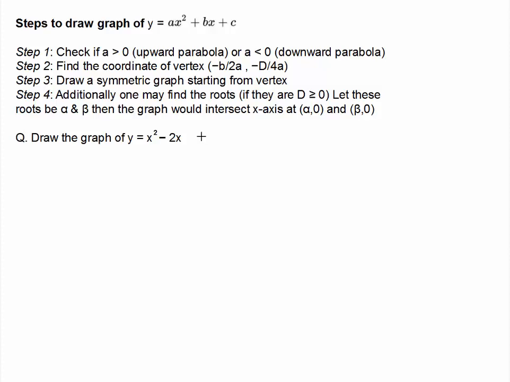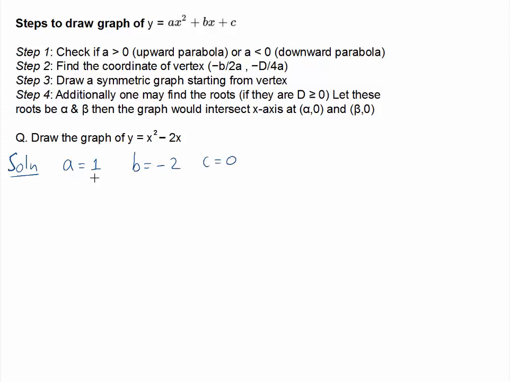So let's say we need to draw the graph y equals x square minus 2x. First we identify a. a is the coefficient of x square, which in this case would be 1. b is the coefficient of x, which in this case would be minus 2. And c would be 0, which is the constant term.